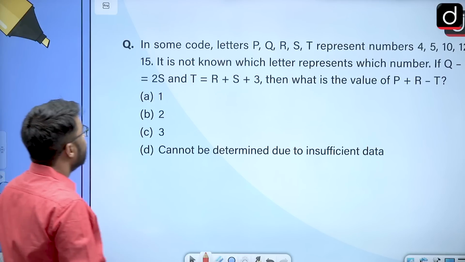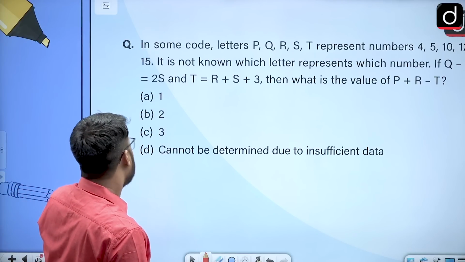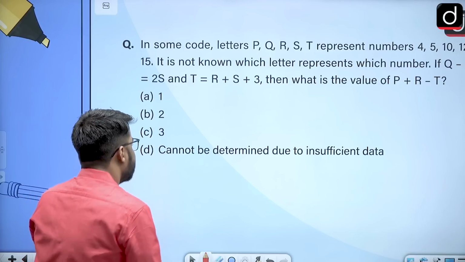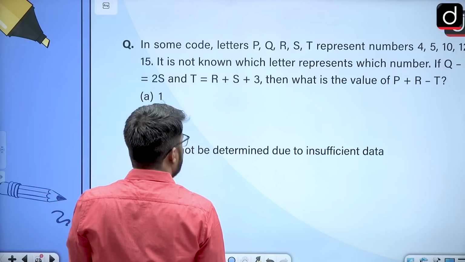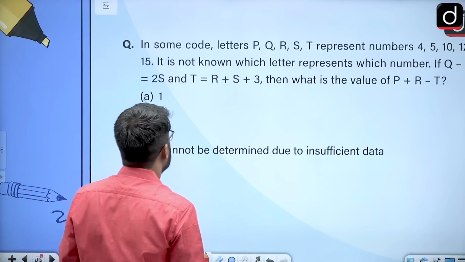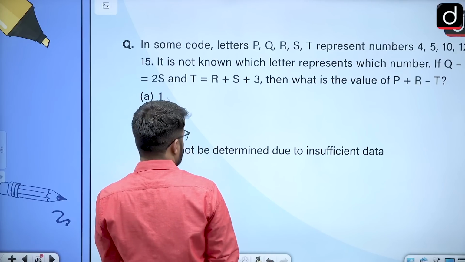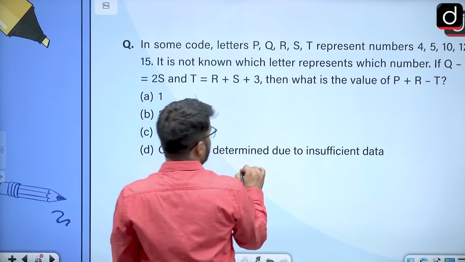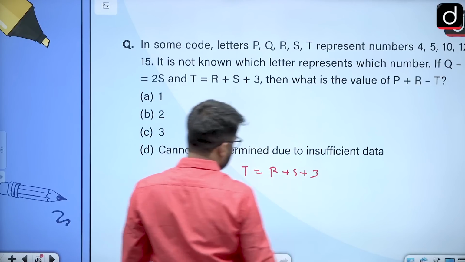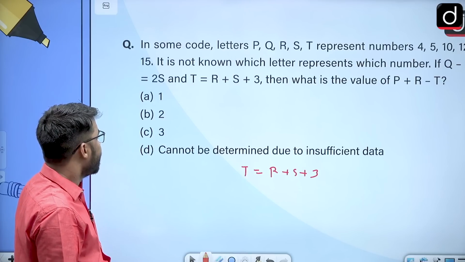Fine. Next one. In some code, letters P, Q, R, S and T represent 4, 5, 10, 12 and 15. It is not known which letter represents which number. If q minus s equals 2s and t equals r plus s plus 3, then what is the value of p plus r minus t? Okay, so t equals r plus s plus 3. Now the sum of r plus s and 3 should be equal to t.